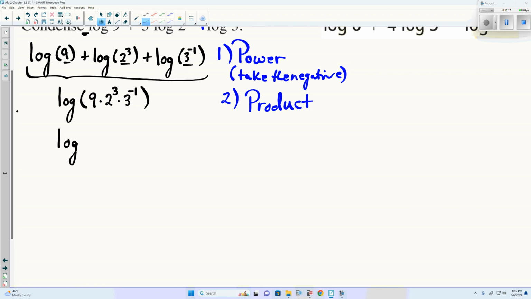Now, if we did simplify this, the numerator we can keep as 9 times 2 to the third. We will simplify that in the calculator later. But the 3 to the negative 1, to get that exponent positive, we have to move it from the numerator to the denominator, giving us this here. Well, inside this logarithm, 9 times 2 to the third over 3 is all numbers, yes?